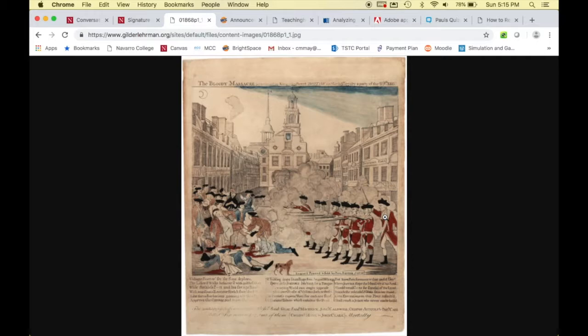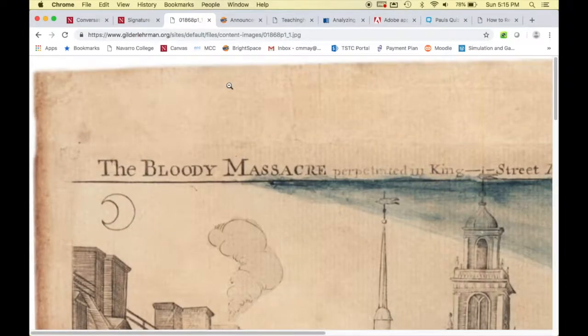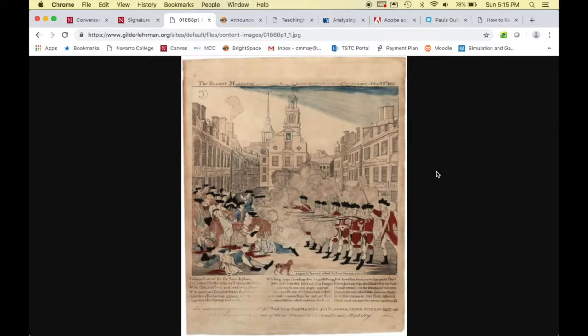The fact that this is entitled The Bloody Massacre, perpetuated in King Street by Paul Revere, is also somewhat misleading, I guess you could say. Because, as I said, only 5 people were killed, and that doesn't quite suggest a massacre necessarily, with so little damage imposed.